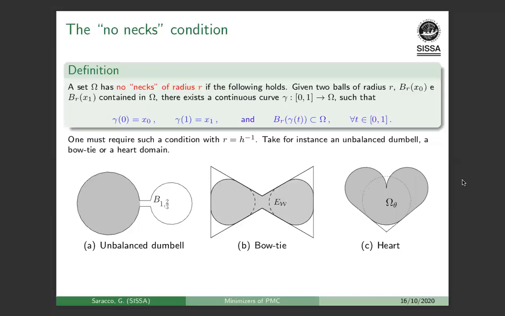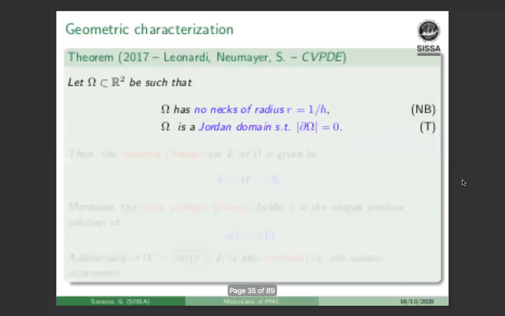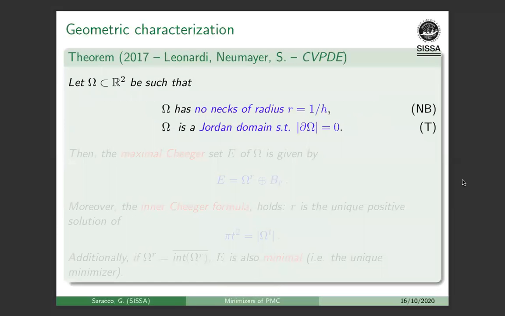So basically what we can prove is that requiring this necessary condition of no bottleneck of radius the inverse of the constant is not just necessary, but it is also sufficient. And indeed, this is what we proved. Take a planar set omega, bounded, and require this no bottleneck condition for radius r, the inverse of the constant.